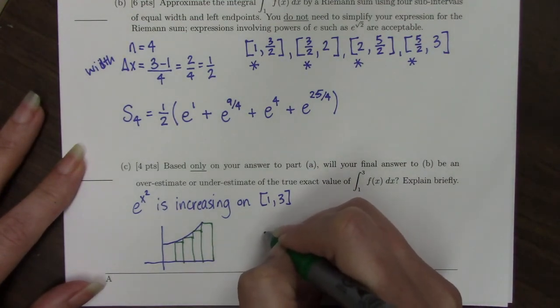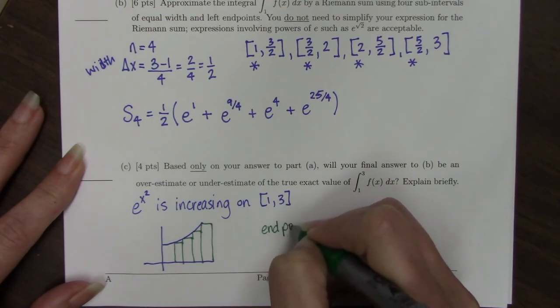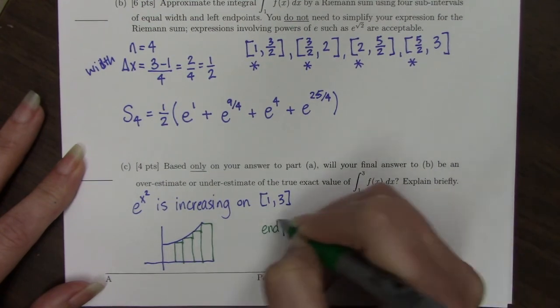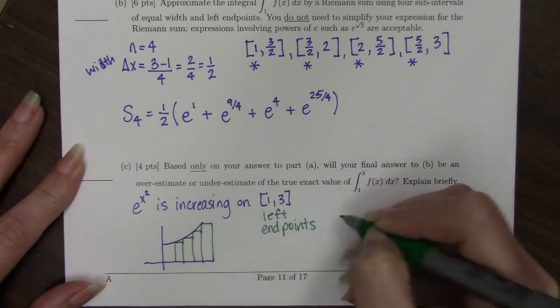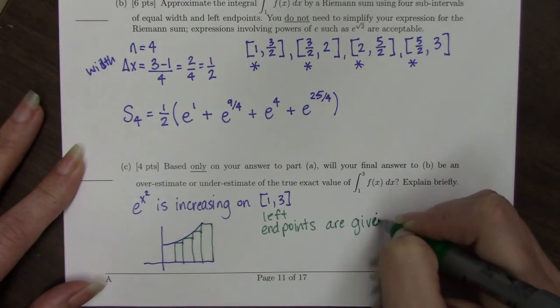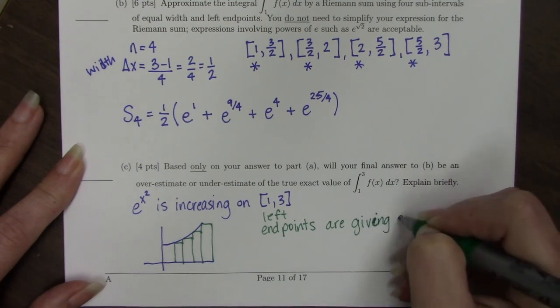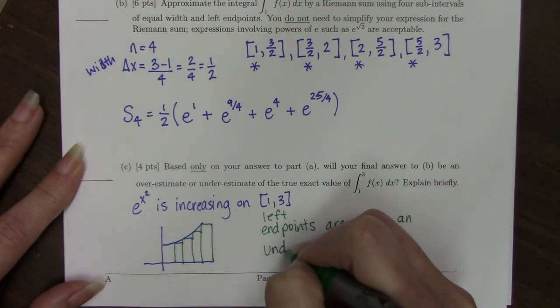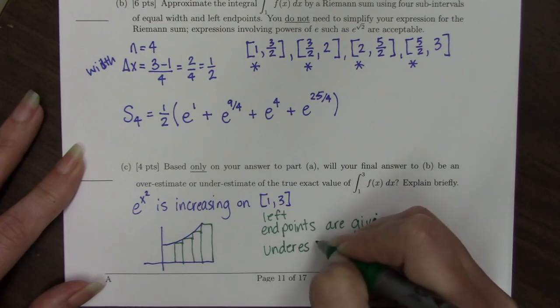So the left endpoints are giving an underestimate.